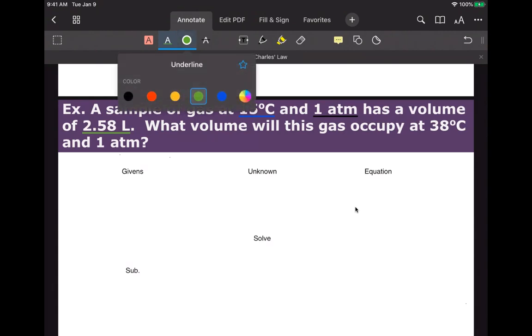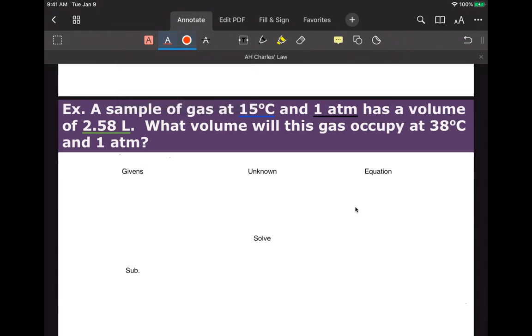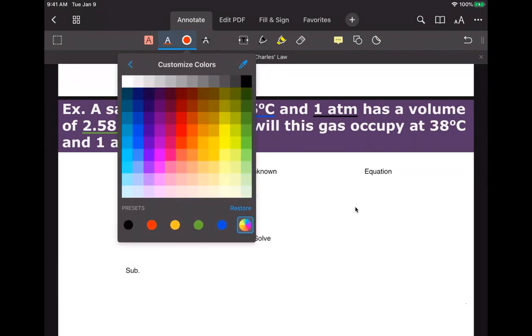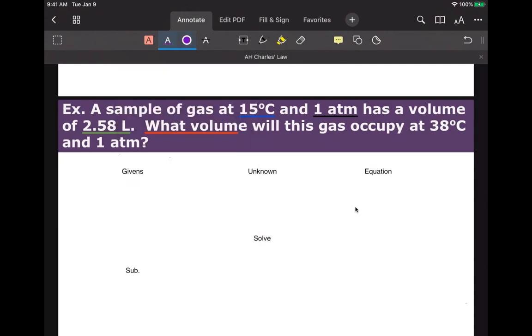What volume will this gas occupy at, let me find another color, at 38 degrees Celsius and 1 ATM.